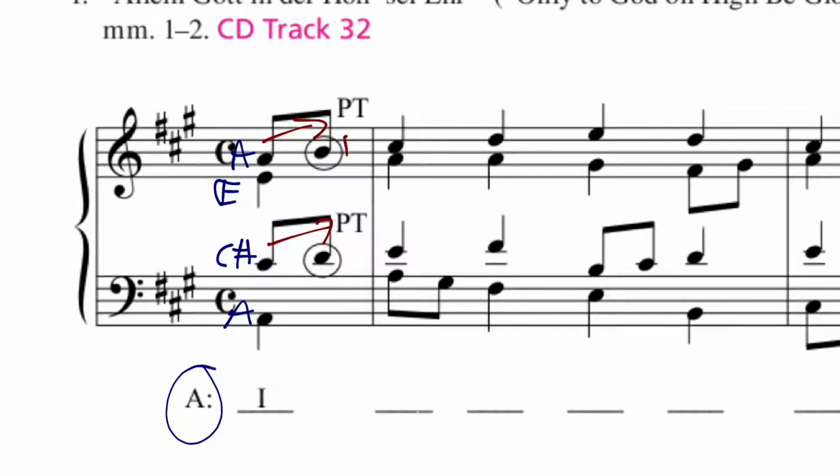Here's a B here, not part of an A chord. Here's a D here, not part of an A chord. And since each of them goes up by step, it also connects to the next chord tone by step. Step motion, same direction, so they have to be passing tones.